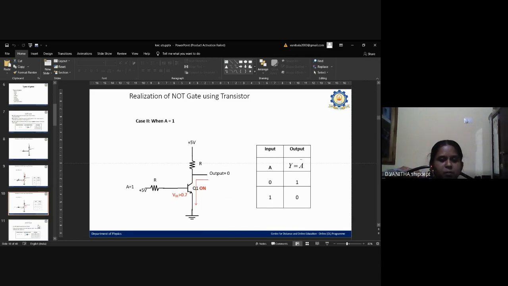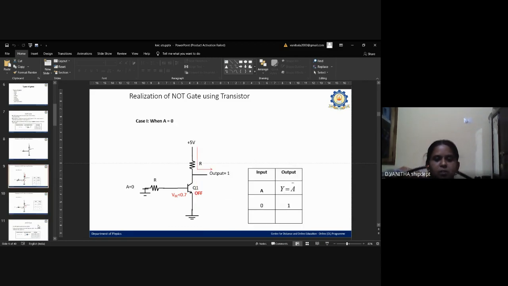This is the operation when A is equal to 0. When A is equal to 0, no current passes through the transistor, and we get the output as 1.